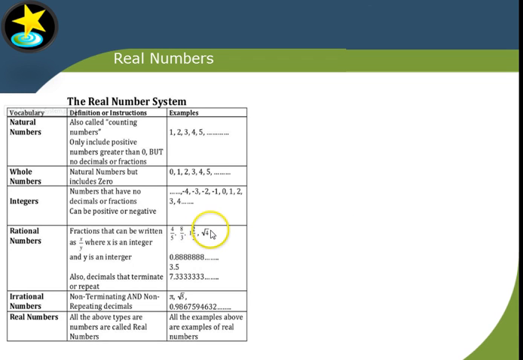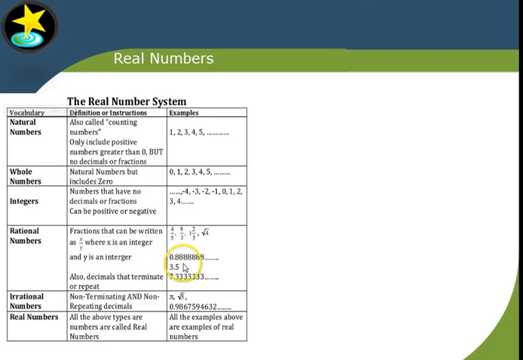The square root of 4 looks like it could be an irrational number, but it's just there to confuse people, because if you simplify the square root of 4, you get 2, and 2 can be represented as 2 by 1, where 2 is the numerator and 1 is the denominator.